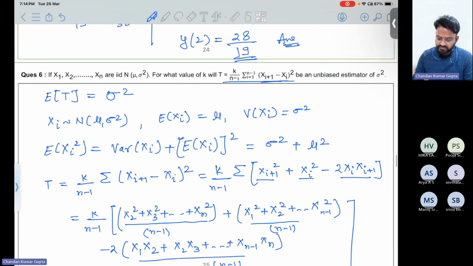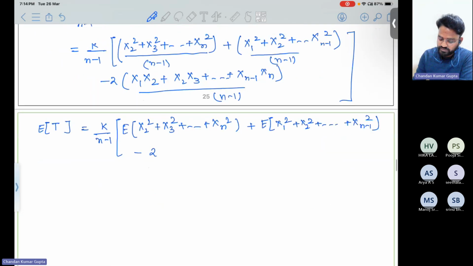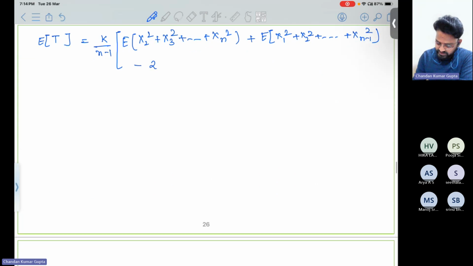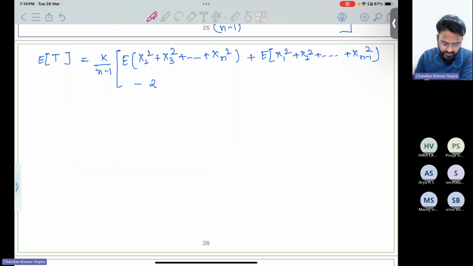Here it is given IID, that is independent and identically distributed. And we know that if it is independently and identically distributed, then in that case we may write like this.